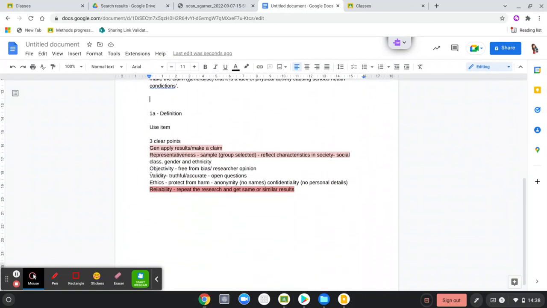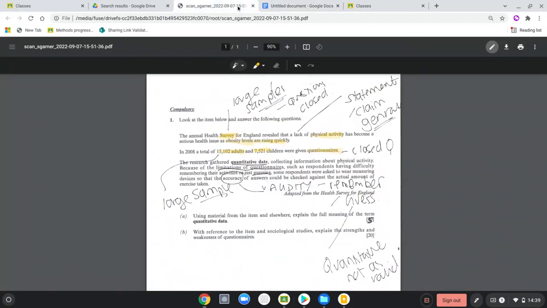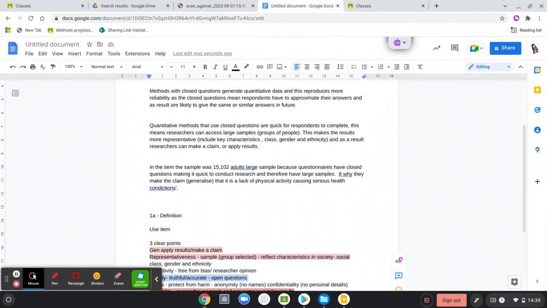Right. Validity. Now, the item helped me because the item said that there was a lack of validity because of them having to remember. So I don't need the item again. I won't get a second mark for using the item, but it makes me think, okay, I'll do validity.